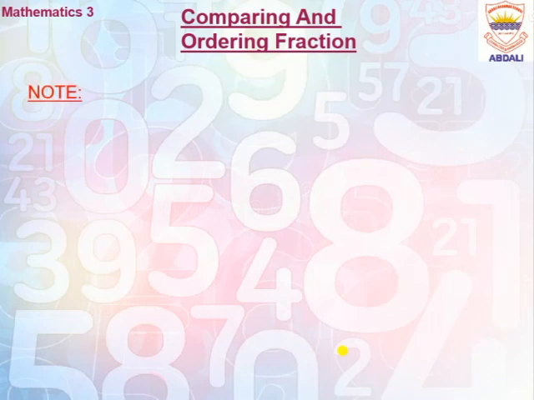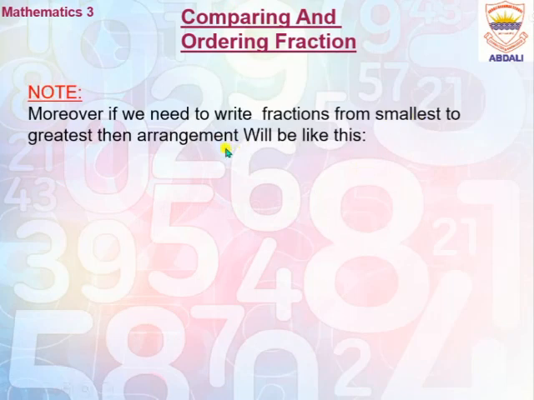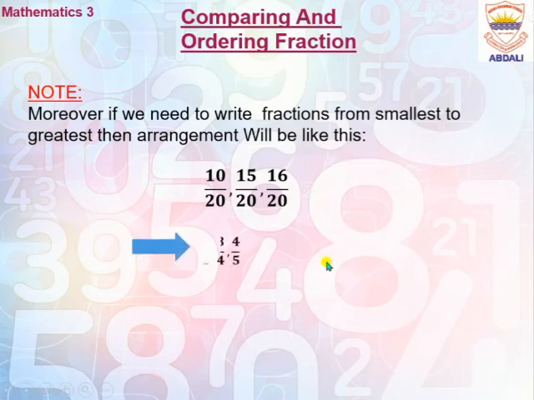Now here is an important note to tell you. If we have the statement that we have to arrange the fractions from smallest to greatest, then we will start our arrangement from smallest to greatest, like 10 by 20, 15 by 20, 16 by 20. And in giving the final answer, we will write it in this way: 1 by 2, 3 by 4, 4 by 5.